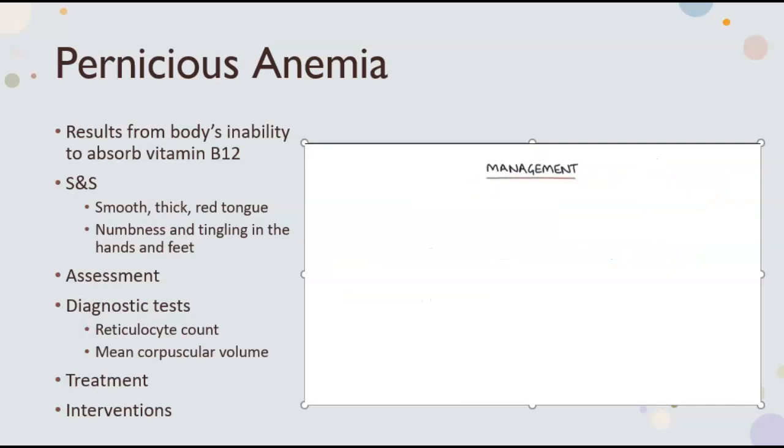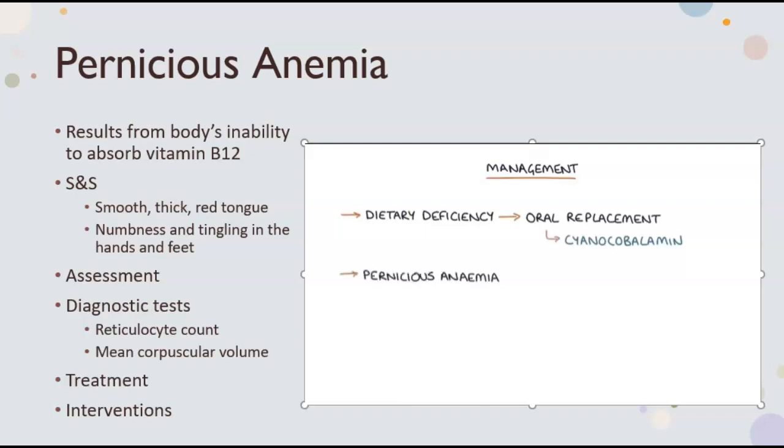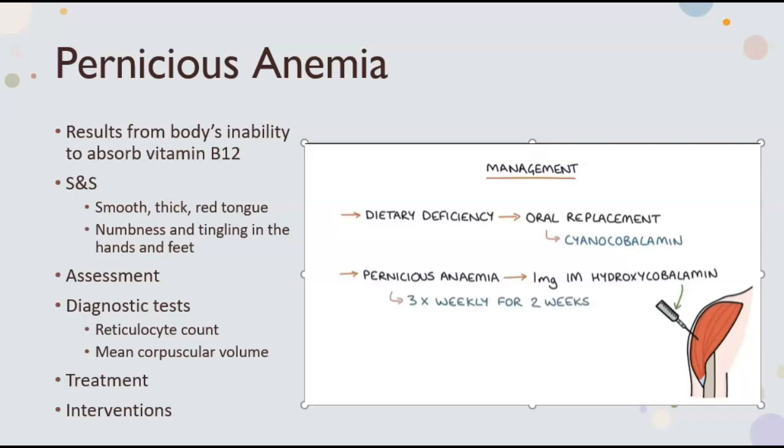So what's the management? Well, dietary deficiency can be treated with oral replacement with cyanocobalamin unless the deficiency is severe. But in pernicious anemia, oral replacement is inadequate because the problem is absorption rather than intake. They can be treated with 1 milligram of intramuscular hydroxycobalamin 3 times weekly for 2 weeks, then every 3 months.